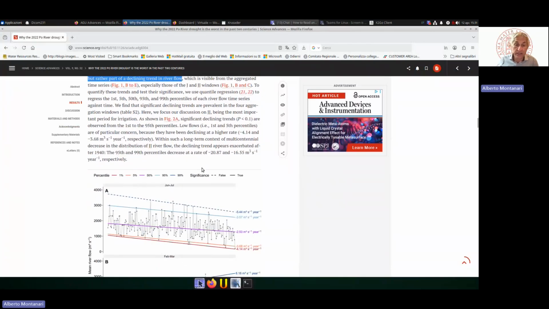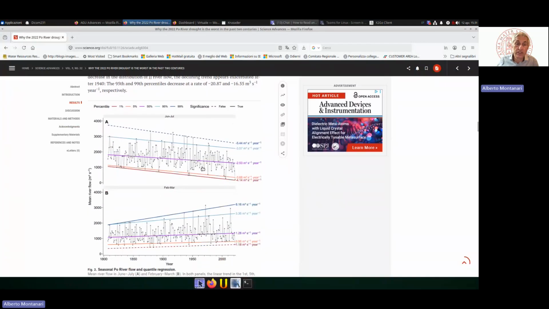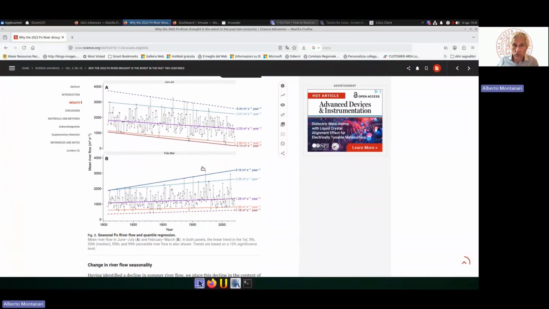And then there are other details. And you see here a second figure, which should get our attention soon, because this second figure, as you can read in the text when the figure is referenced, tries to provide an answer to the question why the trend in summer is more pronounced with respect to the trend in the whole spring.